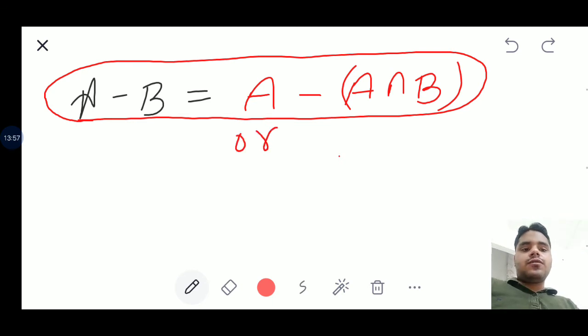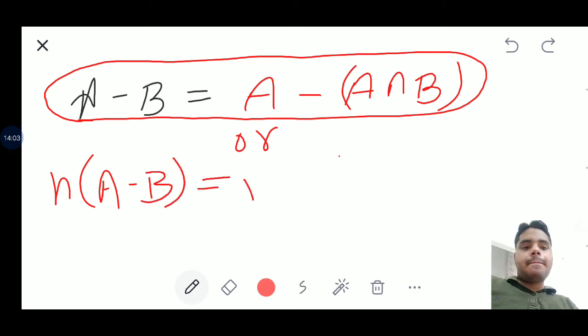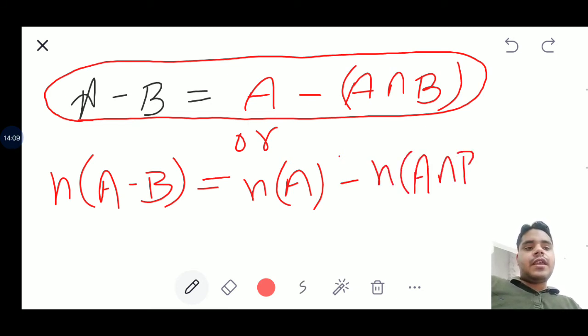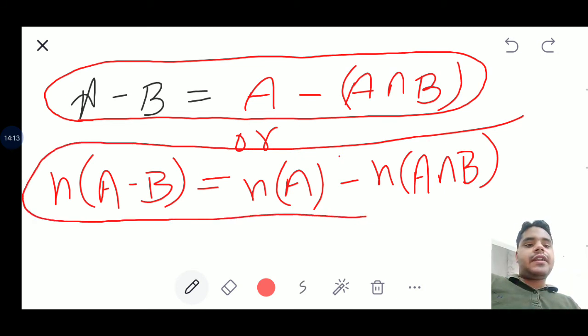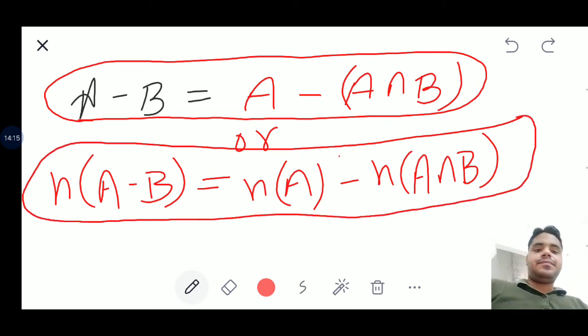If I put n over this: n of A minus n of A intersection B. These are the formulas that we are deriving right now, and you have to learn them.